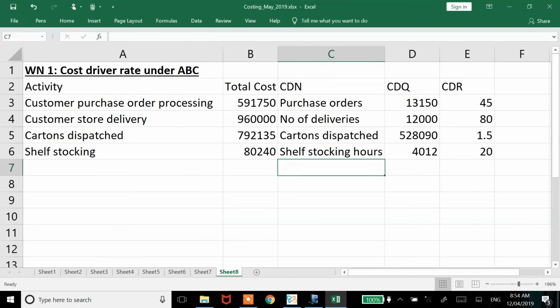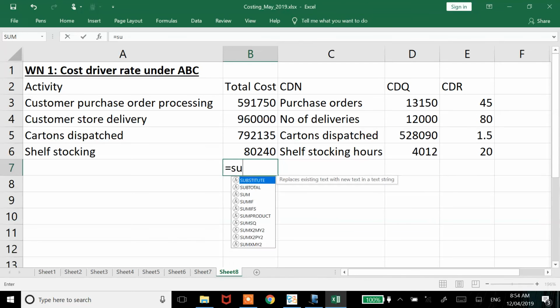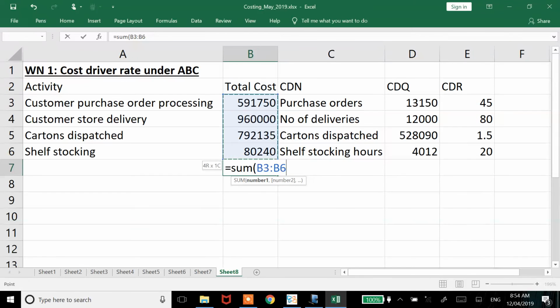These are the rates: 45, 80, 1.5 and 20. Any doubts on this? Clear?